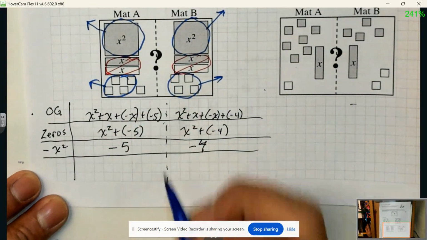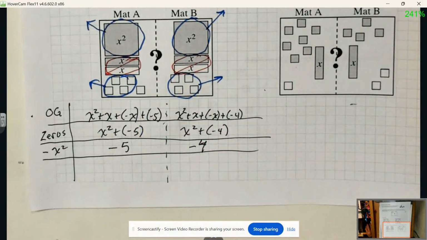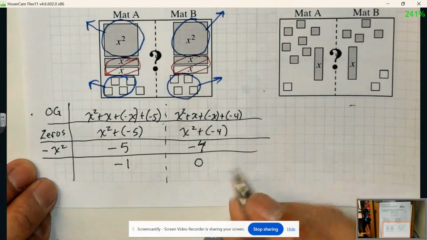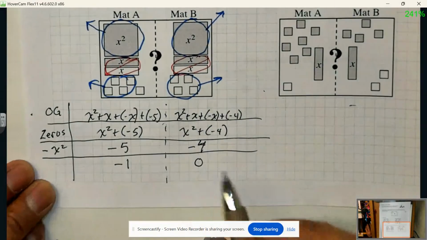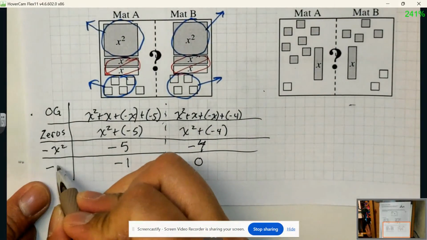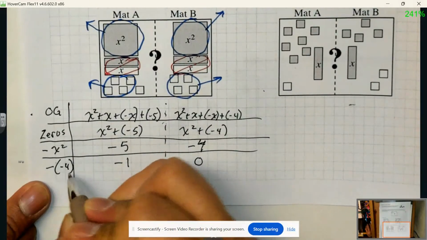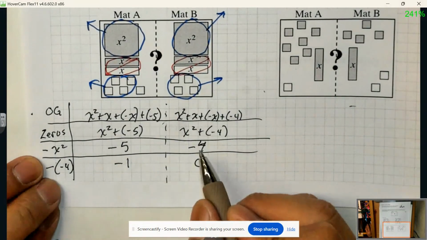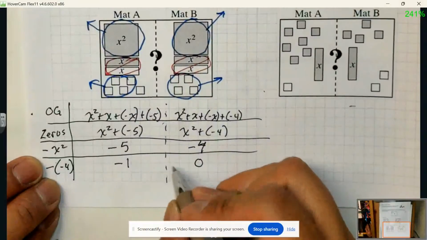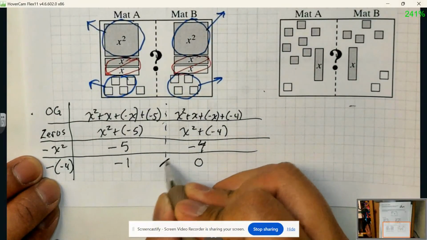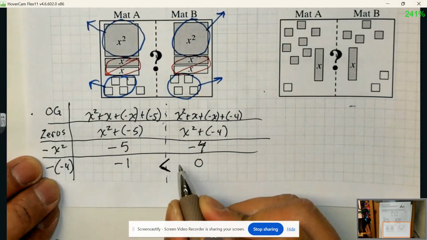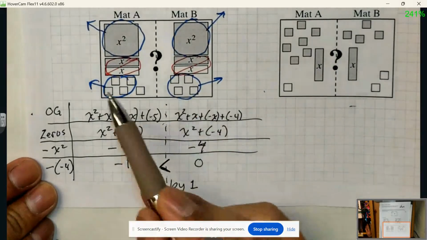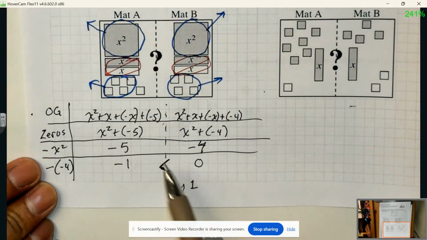Now what that leaves me with is -1 on the left, mat A, and 0 on mat B. So what has happened was, when I removed -4, notice that the relationship was the same. Mat B was bigger than mat A by 1, and mat B is still bigger than mat A by 1. So you can see that removing the identical parts did not affect the relationship.